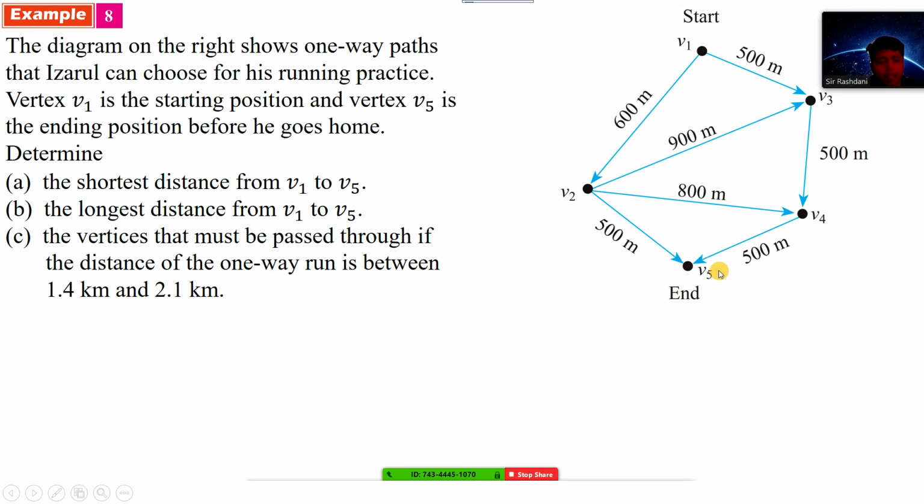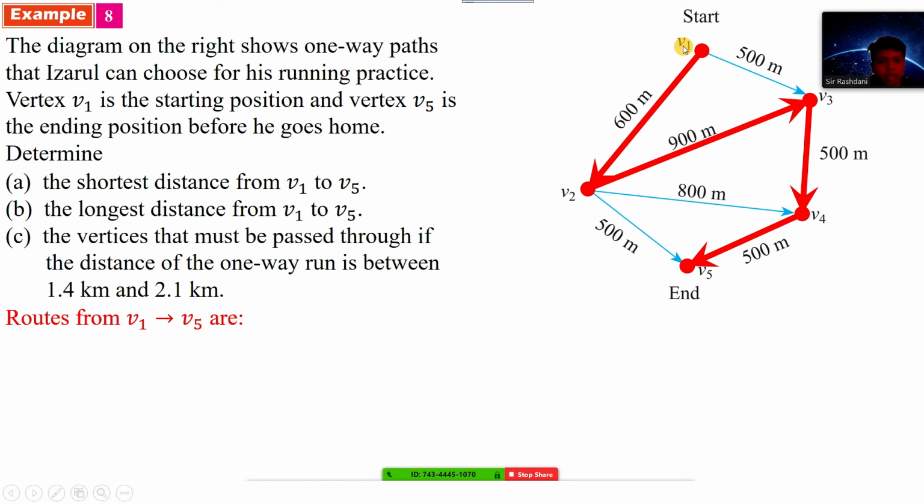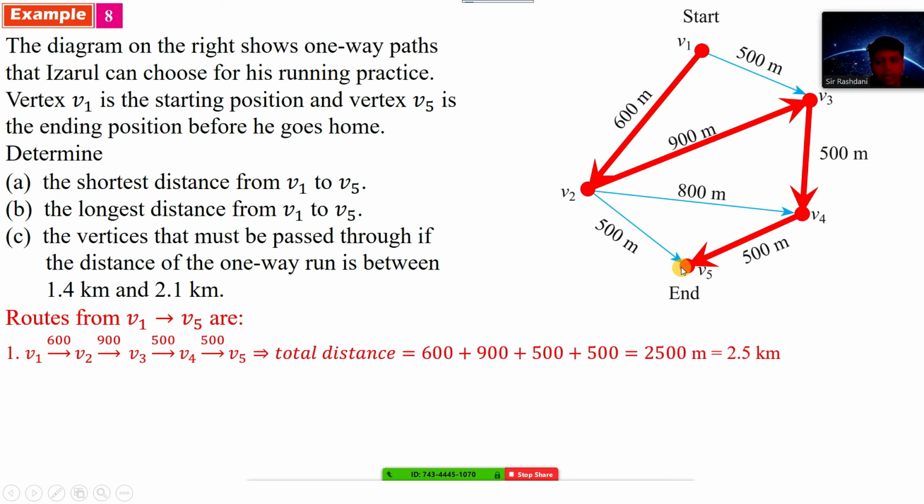For example, the first route from V1 to V5 is V1, V2, V3, V4 and V5. So we just sum up: V1 to V2 is 600, V2 to V3 is 900, V3 to V4 is 500, V4 to V5 is 500. So the total distance will be 2,500 meters.